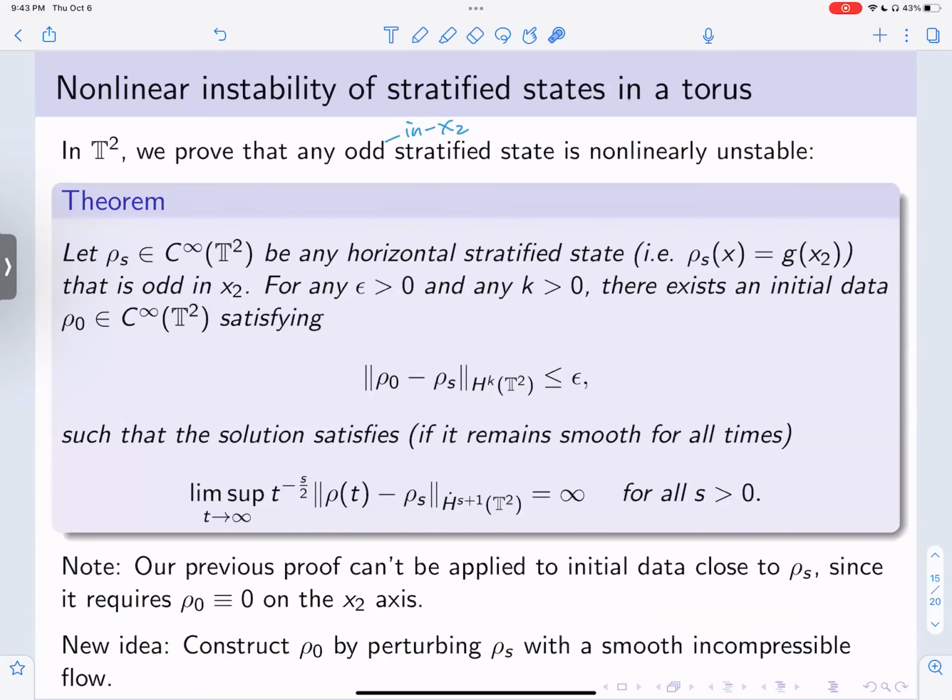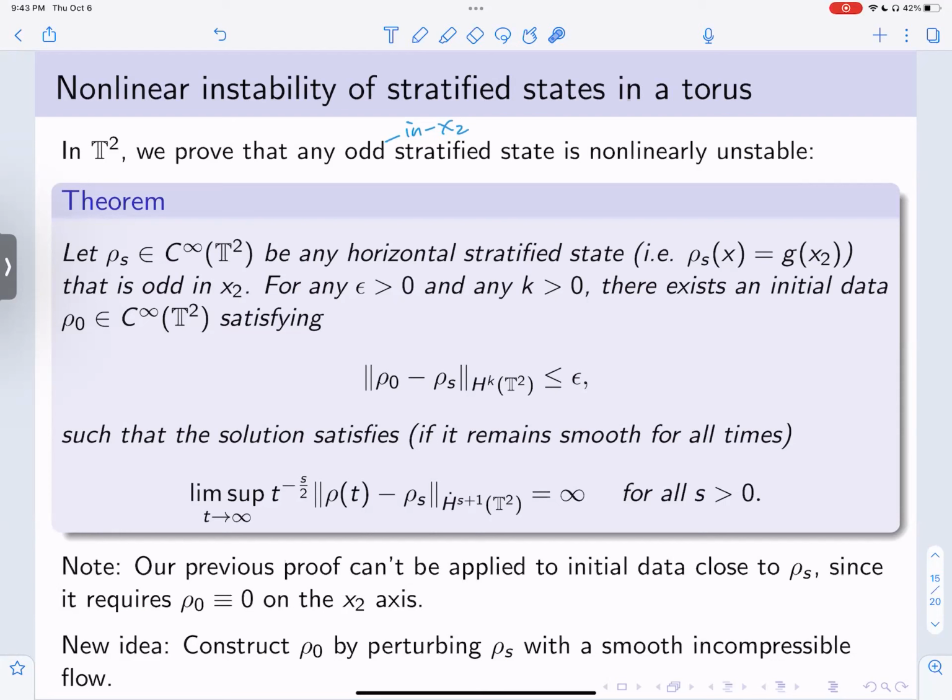Okay, so let me briefly mention these two results. The first one shows that, it's a result in the torus, where we prove that any odd in x2 stratified state is nonlinearly stable. So in what sense?